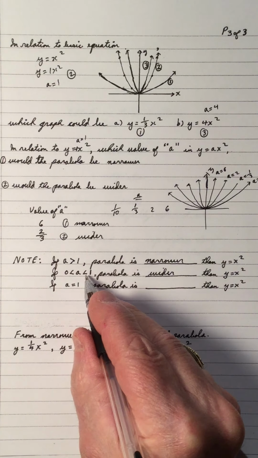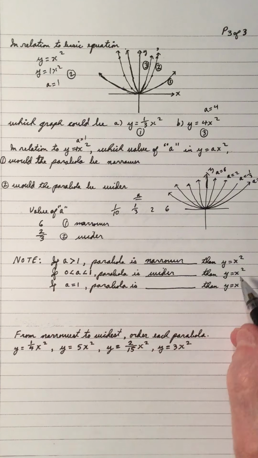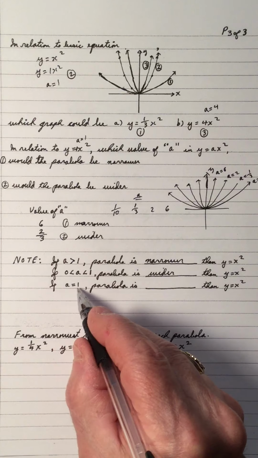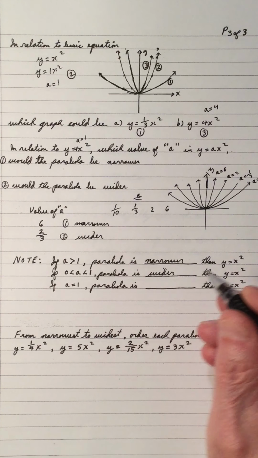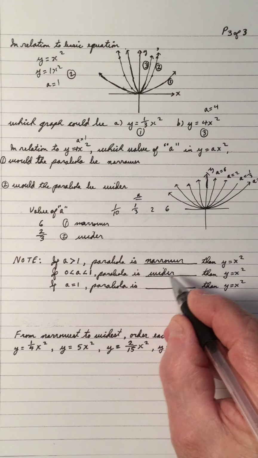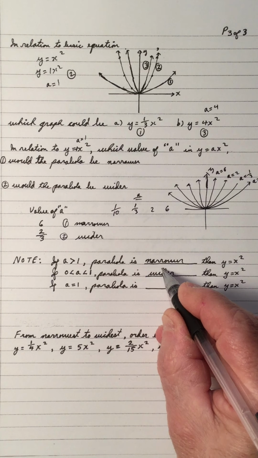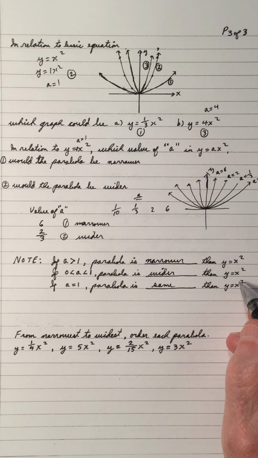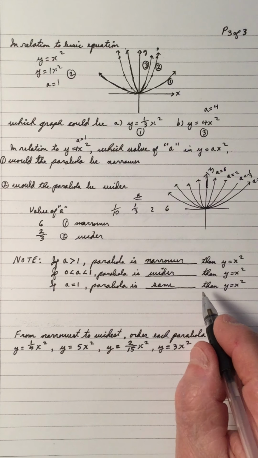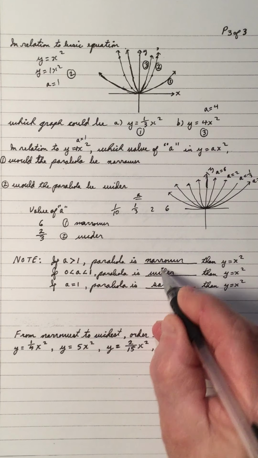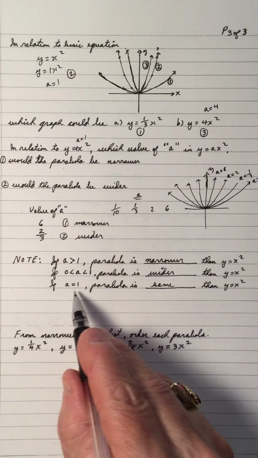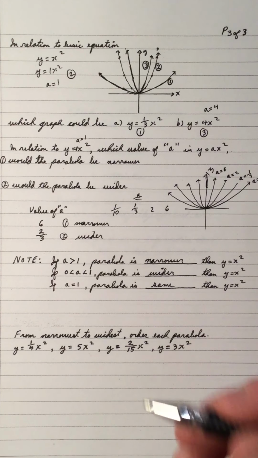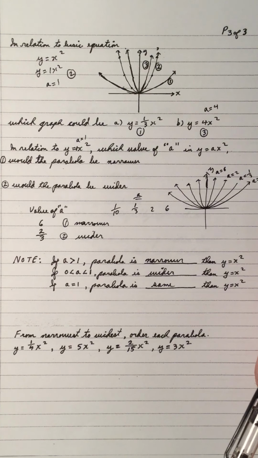Between 0 and 1 is a half or a third or so on. It's going to be wider than the basic parabola. And if A is equal to 1, the parabola is going to be the same width. Both of them will fit on top of each other. One won't be wider or narrower. So if A is 1 in two different equations, then both parabolas will fit on top of each other perfectly.